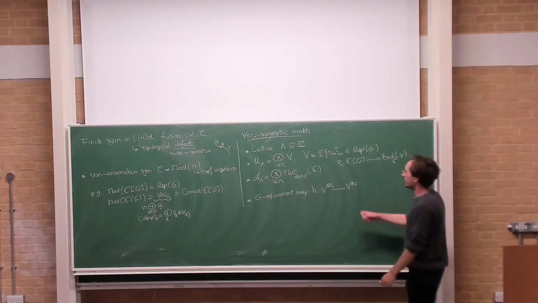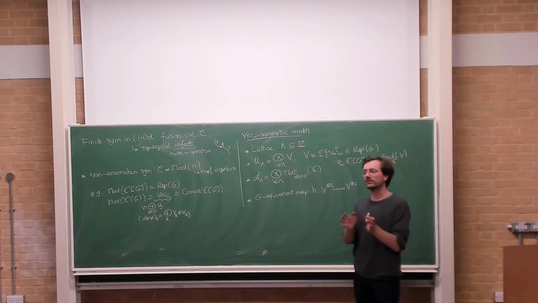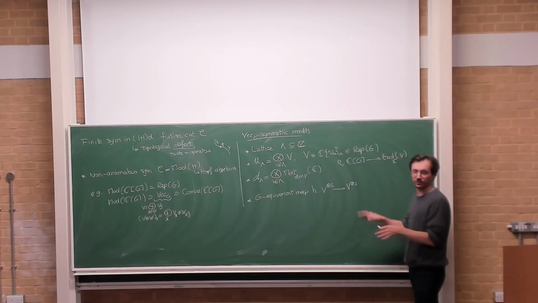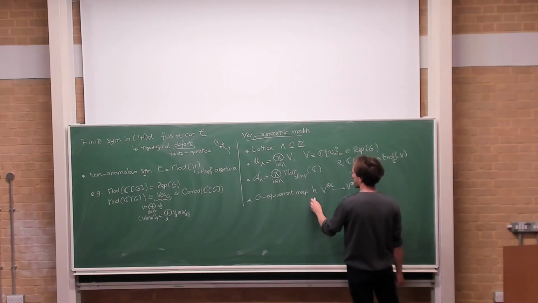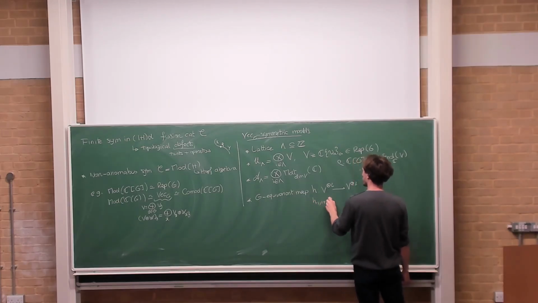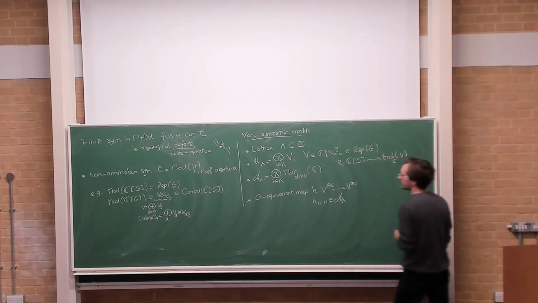So I take 2 copies here, which ultimately will give me a 2-body operator that acts on 2 sites, but you could take n copies of V. It doesn't really matter. And then this operator, I can embed it in my algebra of operators by tensoring with the identity.